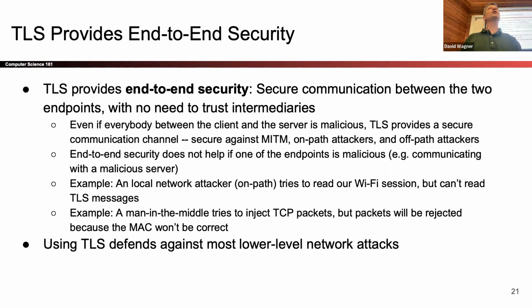Okay, so if we're using TLS, that stops most of these attacks we've seen so far: ARP poisoning, DHCP spoofing, TCP injection, TCP connection spoofing, all that stuff gets stopped by TLS.